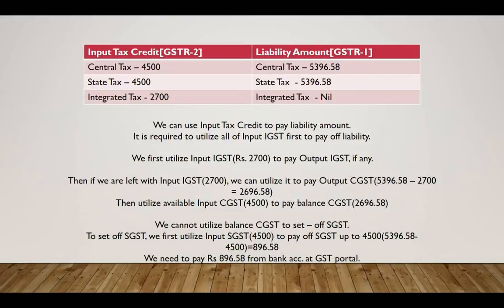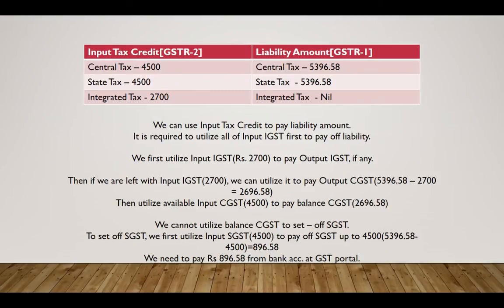To set off this amount, we will first utilize the available input SGST, and even after setting off, we are still left with balance SGST liability of rupees 896 and 58 paise. This balance liability, though we have input CGST, cannot be set off, so it becomes compulsory to pay this amount through our bank account at the GST portal.